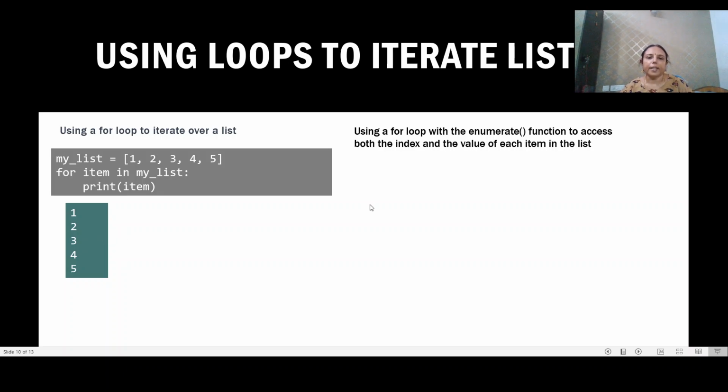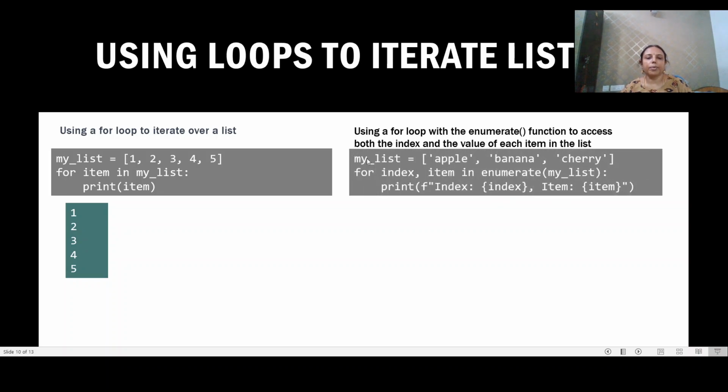Another way is, if I want to access the elements along with the index, then you can use the enumerate function. My list is this one. Now I am retrieving not only the elements, but also their index using the enumerate function. Enumerate my list will give me the index as well as the item. I am printing the index value and the item.